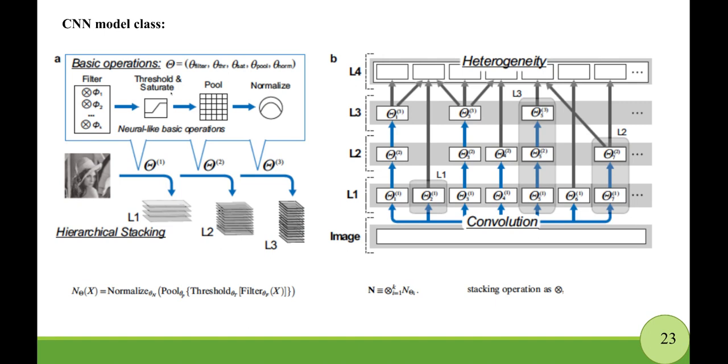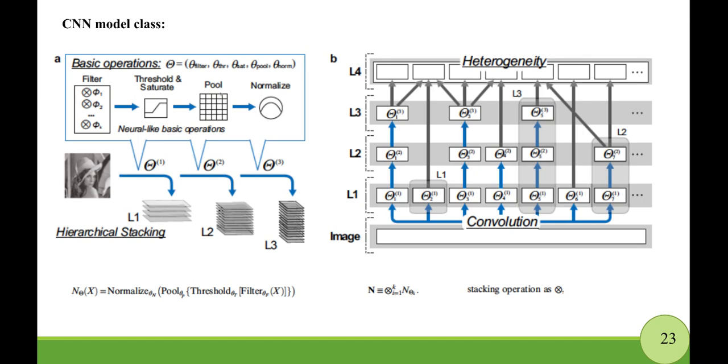And they have threshold and saturation, where they apply a different threshold, meaning that we can set the number at which a unit is activated: when the number is above this threshold, this neuron will be activated or deactivated.